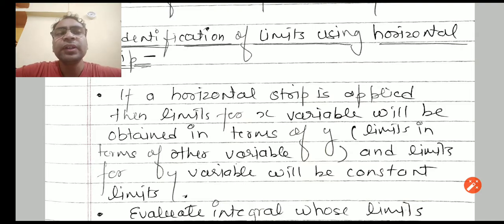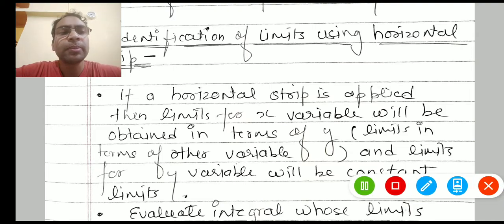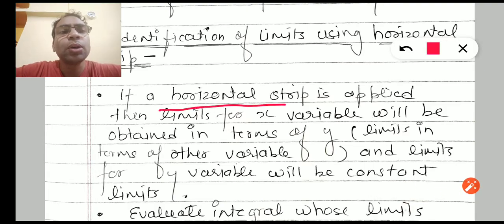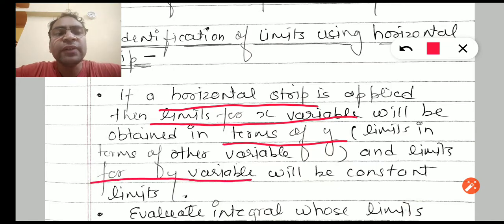Just to remind once again, with the horizontal strip, the limits for x are variable, in terms of y, and limits for y are constant. So with type 2, we integrate first with respect to x and later with respect to y.